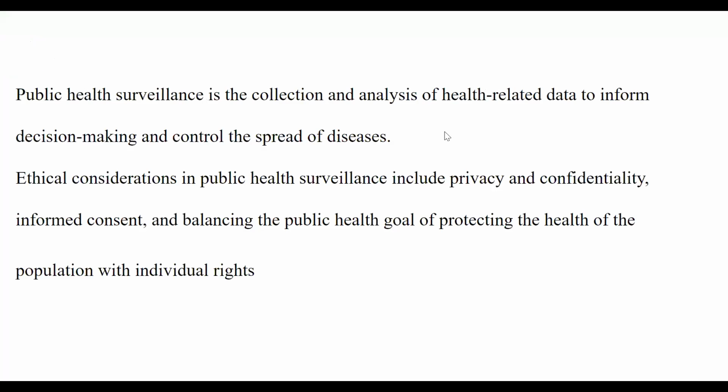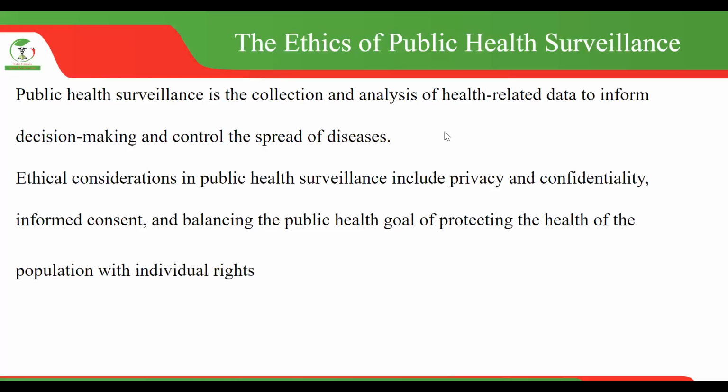So let's look at some of the major key issues related to public health ethics, and in terms of practice also. We shall look at others in the next presentation. The first one being public health surveillance, which is about collecting and analyzing health-related data and using that data to inform decision making and control the spread of diseases.